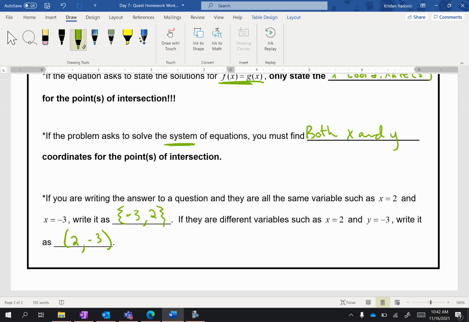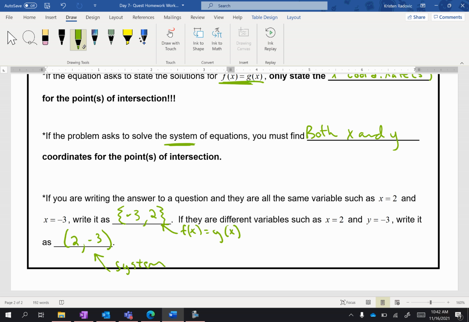So that distinction is very important. Are you talking about a coordinate for a system? Or are you talking about a solution set for f of x equals g of x?